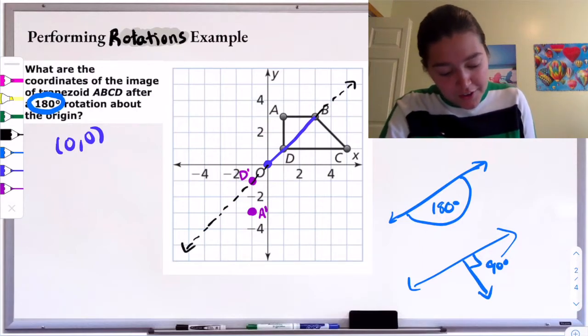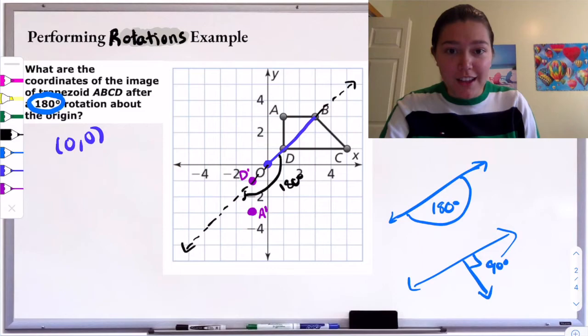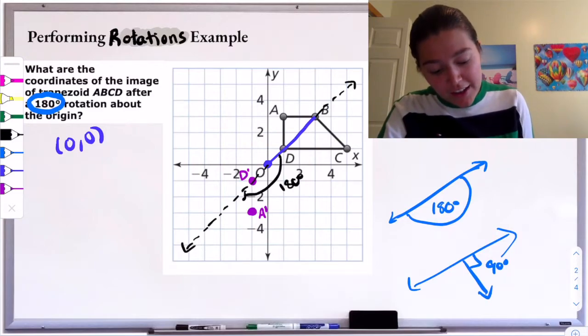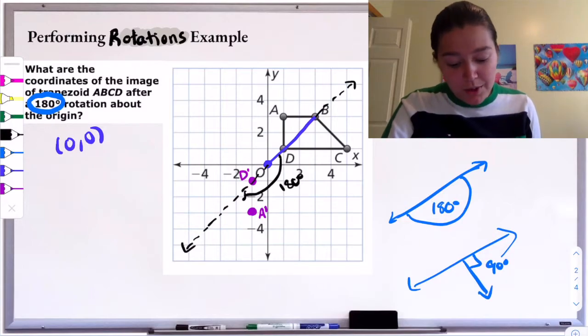That would be the 180 degrees. So then the question is, B is going to be somewhere along that line, and we have to figure out where along that line. Well, if we had a ruler, we could measure this distance and then just take that distance from the origin along the line in the other direction, and we would end up at the right spot.